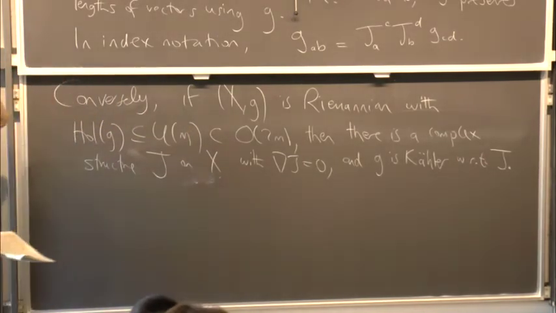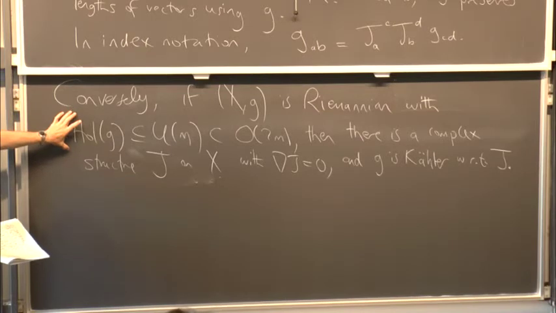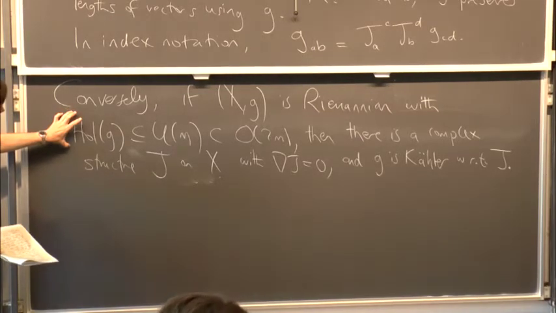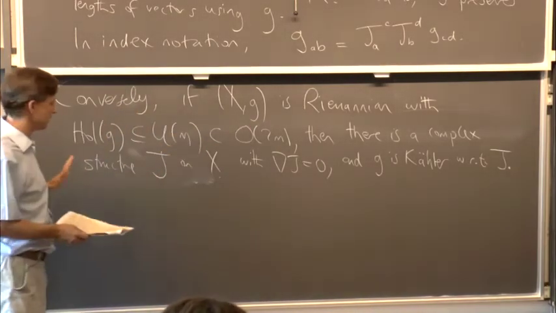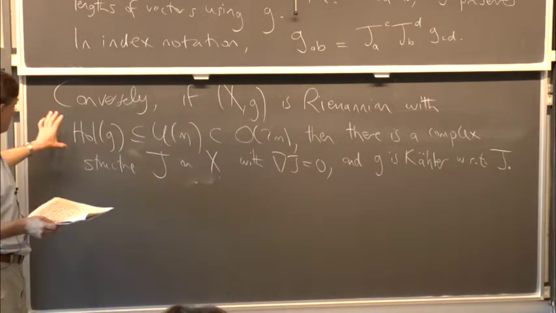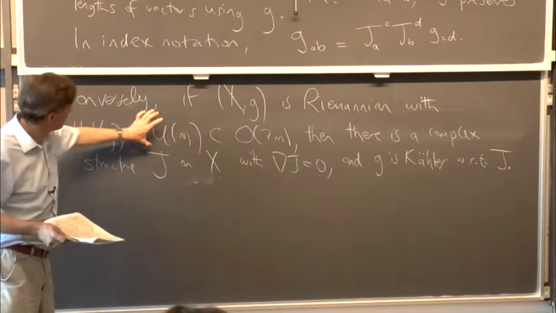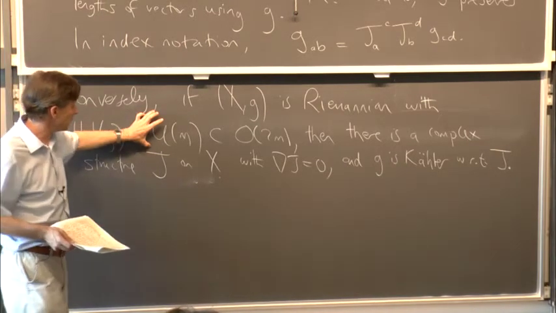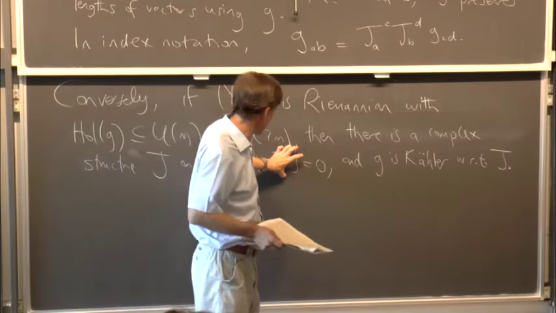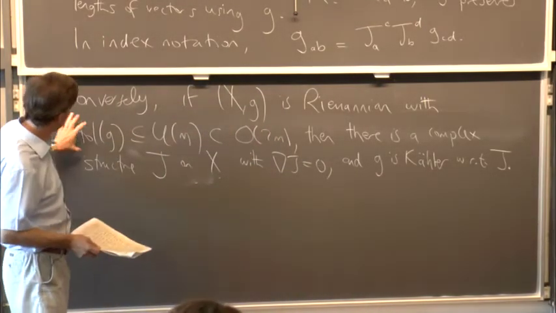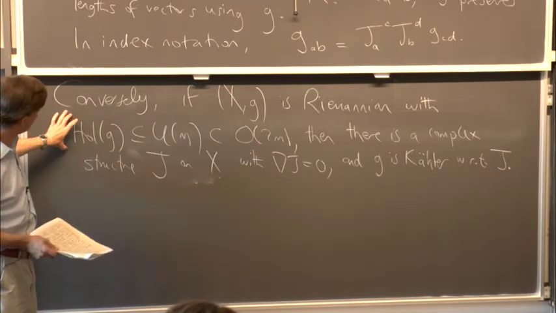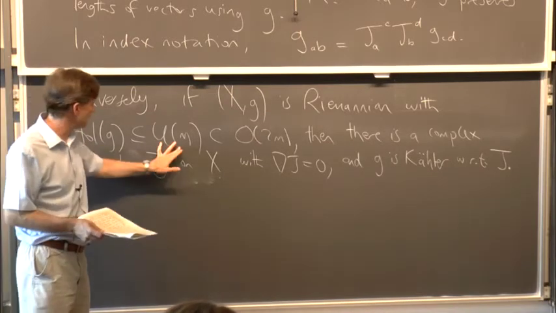But if you're given a particular inclusion of the holonomy group of G inside a particular U of m, that defines a particular complex structure J. There might be several ways of including the holonomy group inside a U of m subgroup.